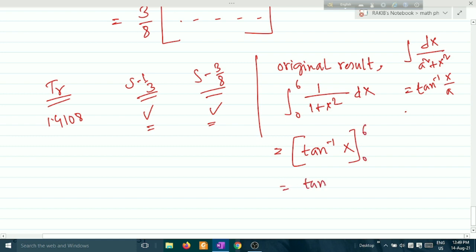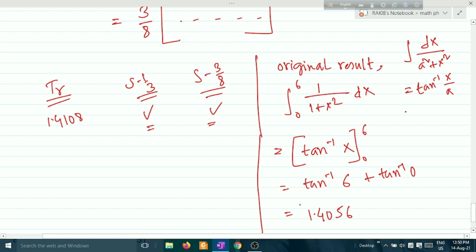That means tan inverse 6 minus tan inverse 0. Let me check my copy: 1.4056. This is the original result.